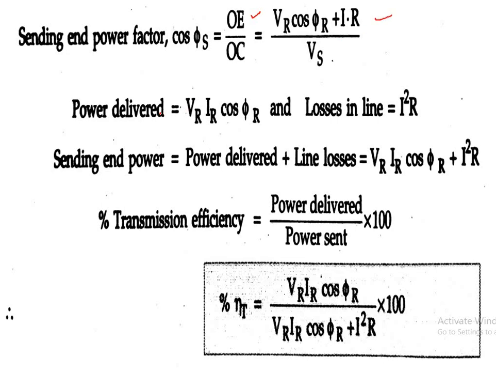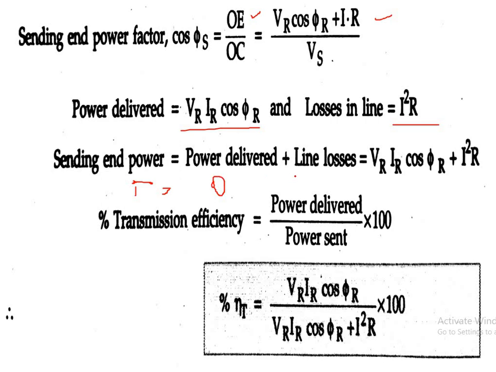Power delivered is the receiving end side power, the output power, given by VR IR cos phi r. The losses in output power are I square r. With the help of these two, we can get the sending end power, the input power. Input power is given by output power plus losses.